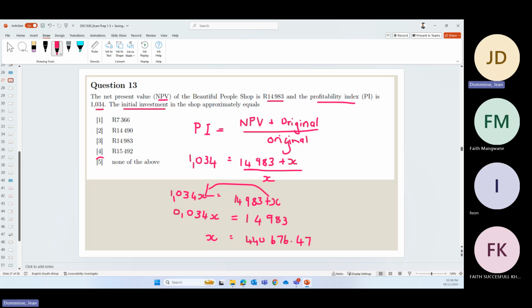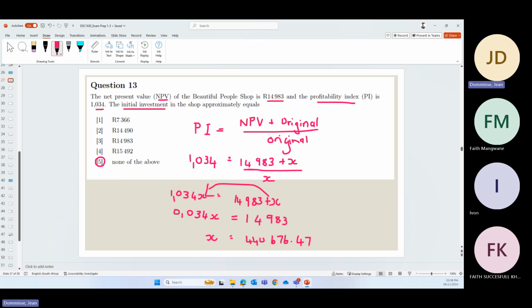Okay, and this was one where none of the above was an option. Please tell me they have removed that as an option in your assignments. There was a huge plea last year that they don't put that into assignments and exams anymore, so hopefully that has been removed.